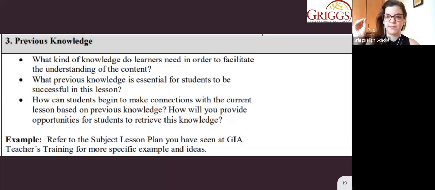When they have American government and American literature, they use a lot of previous knowledge that they had in American history. Also, when they are studying American literature, they use previous knowledge from British literature. Okay? So here in previous knowledge, you're going to think, what is the knowledge that I expect my students to have that is going to be useful for this lesson?